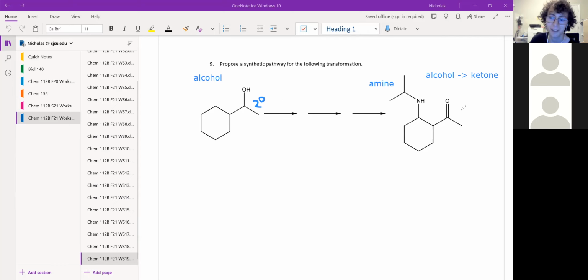That might affect the synthetic approach you have. In this case, I'm pointing that out because the amine is on the beta position relative to the ketone. So that can affect the approach we use to make this product, since it's at the beta spot.